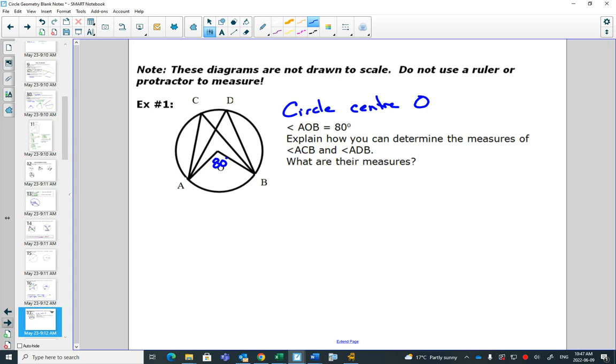Can you figure out ACB? They share the same endpoints, right? So this will be 40. Do you see that this one also shares the same endpoints? It's also 40. You could say it's 40 either by the half rule, or because inscribed angles that share the same endpoints are equal. So that one's 40, and that one's 40.